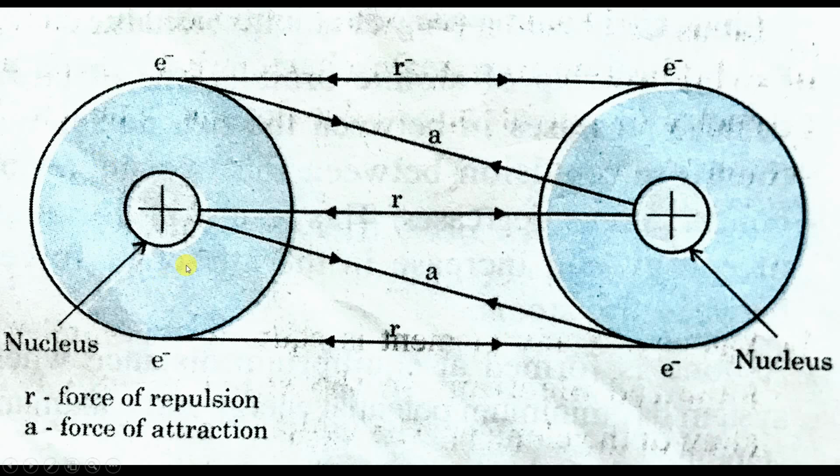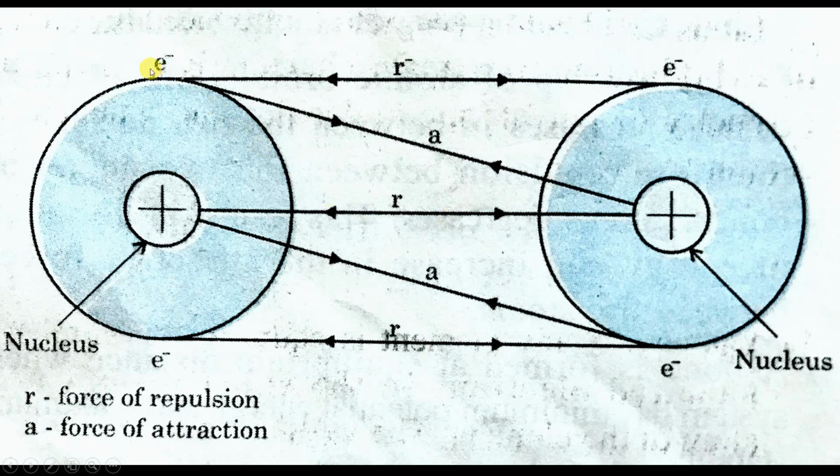Now both of them have a positively charged nucleus. As we all know, like charges repel each other, so obviously the nucleus of this atom is going to repel the nucleus of the other atom, because they are both positively charged. The same thing happens with the electrons.